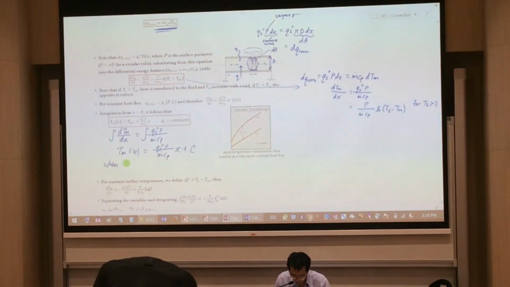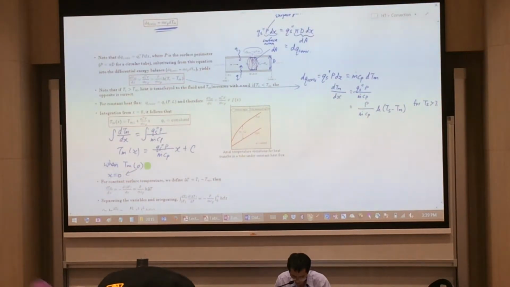The boundary condition would be Tm at 0, and this 0 here refers to x equal to 0.